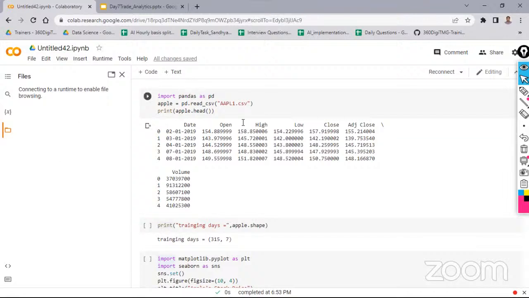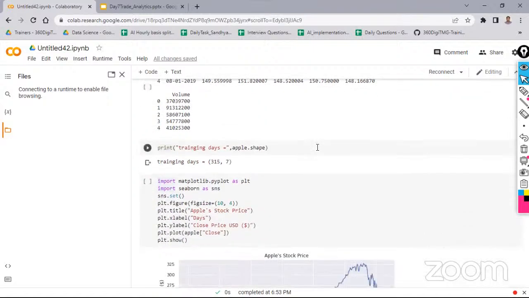So I've taken the company, Apple company, and the CSV file I've imported, and this is the data that I have, and I'm checking for the shape. So 315, 7.